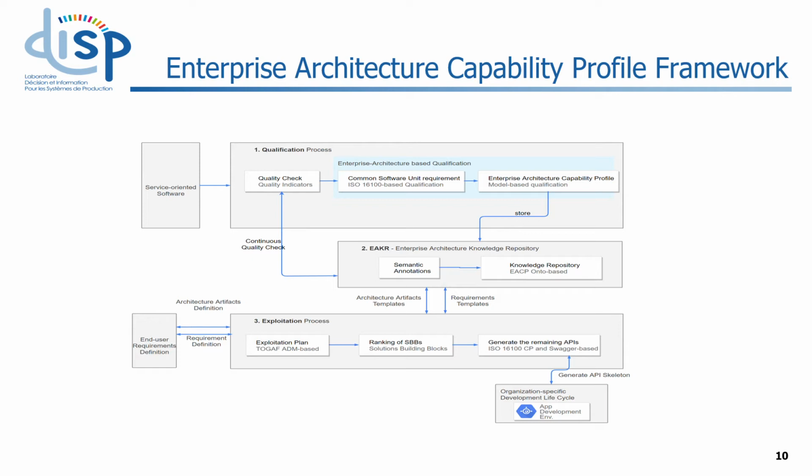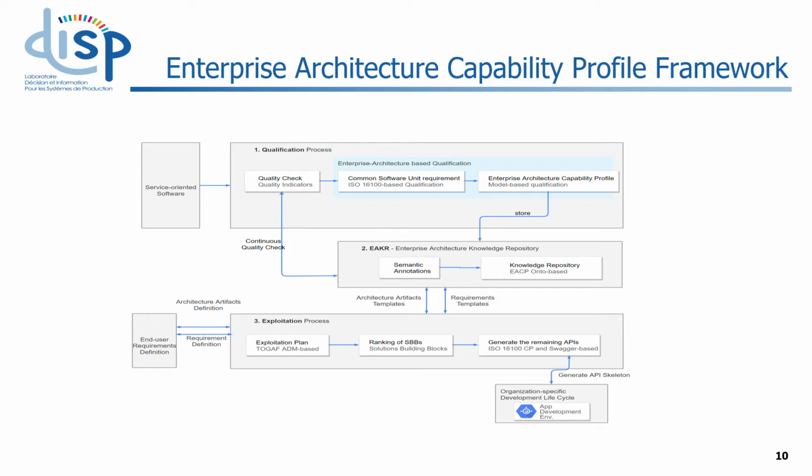The second process, which is the enterprise architecture knowledge repository, takes the produced profiles from the qualification process and, with the usage of semantic annotations based on specific design ontology that offers a standard vocabulary and a formal language to reason about the annotation tags and organize the produced artifacts.